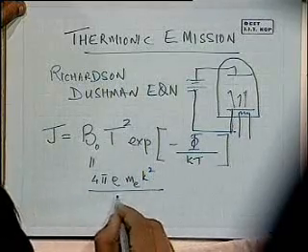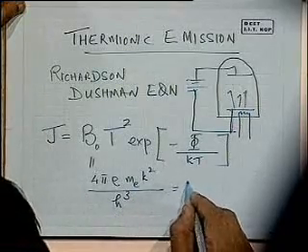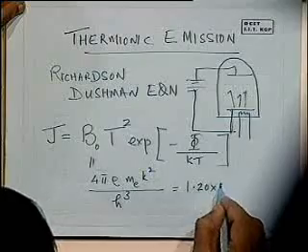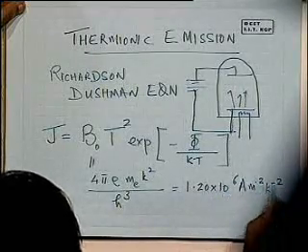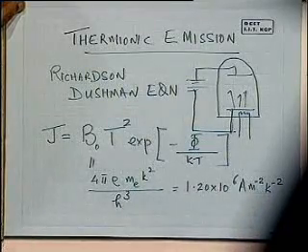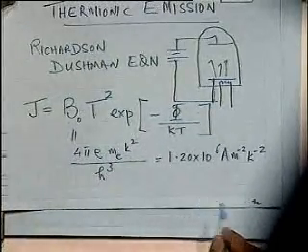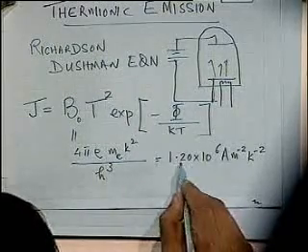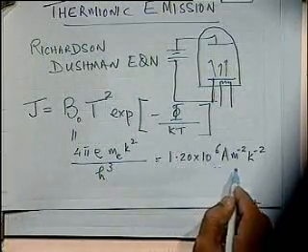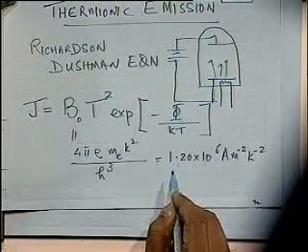I'm not going to repeat the whole thing, just a quick brushing through of this, which turns out to be 1.20 times 10 to the power 6 amps per meter square per Kelvin square. I pointed out that it's an easy one to remember. If you think of it in terms of centimeter square, it turns out to be simply 120 amps per centimeter square per Kelvin square. So that's a common number you'll find in problems.